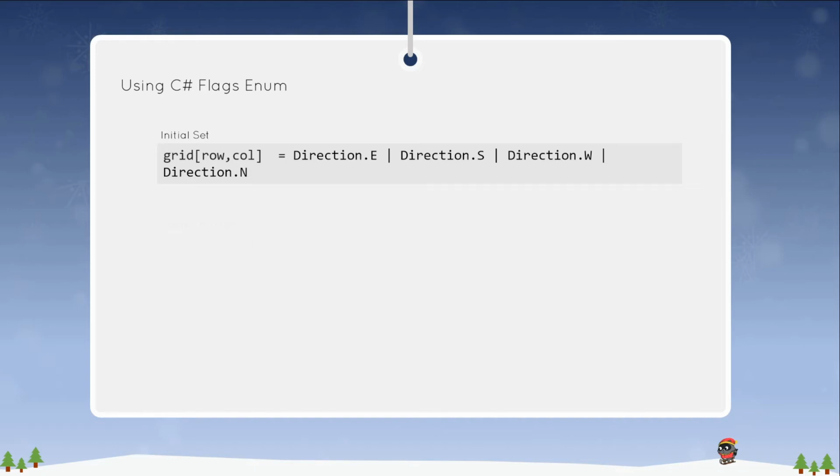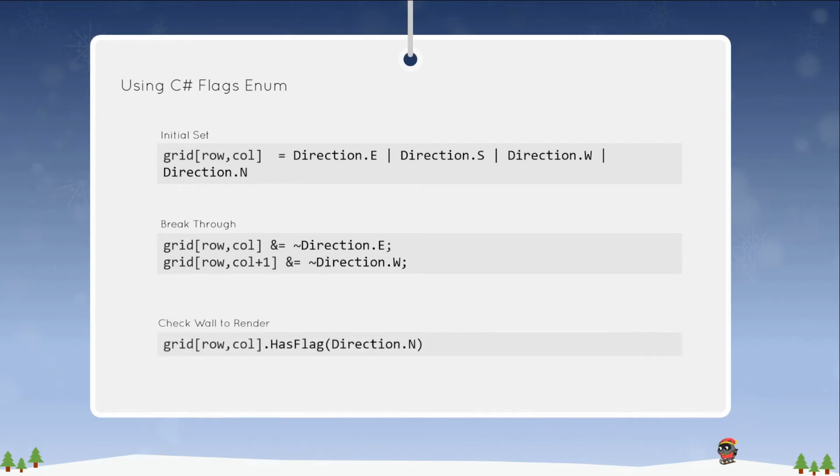When we want to break through from one cell to another, we can just remove the wall. Firstly removing the east wall and then on the adjacent cell, removing the west wall. The flag enum also has a helper method called HasFlag, and this can be really useful. So when we come to draw the maze later on and we want to decide if to draw the northern wall, then we can just ask it, has it got that flag? And it will just return a Boolean.